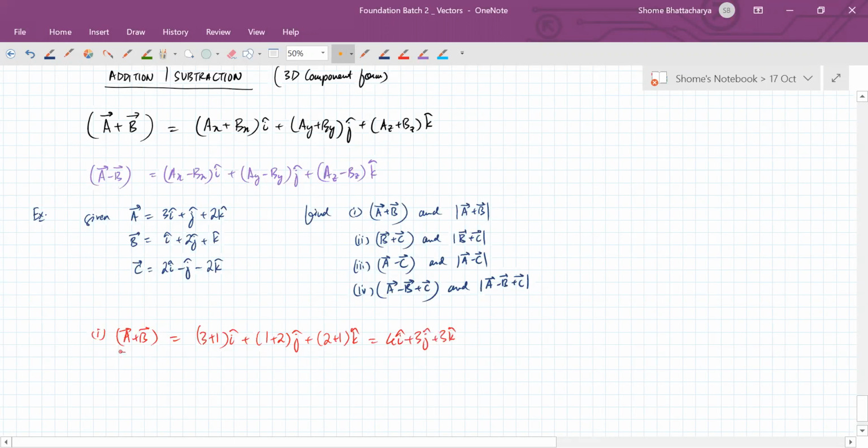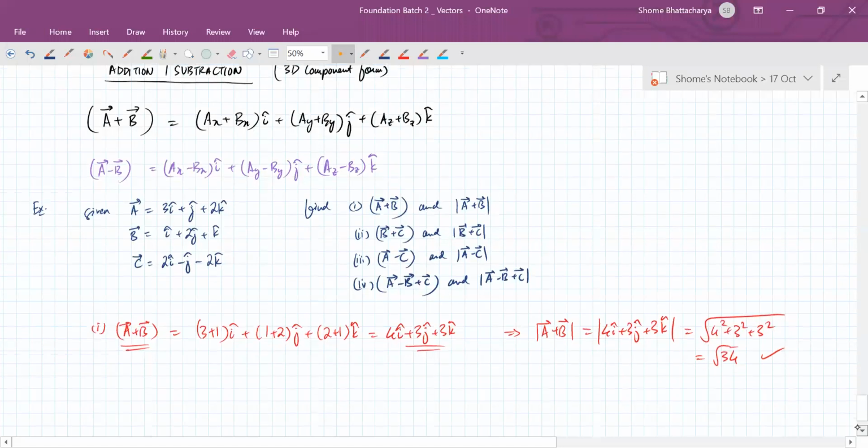Okay, so this is the vector A plus B. That also means that its magnitude is the magnitude of this vector 4 I cap plus 3 J cap plus 3 K cap. So that is square root of 16 plus 9 plus 9. 16 plus 9 will give you 25, plus 9 will give you 34. So square root of 34. That is becoming the first part's answer.